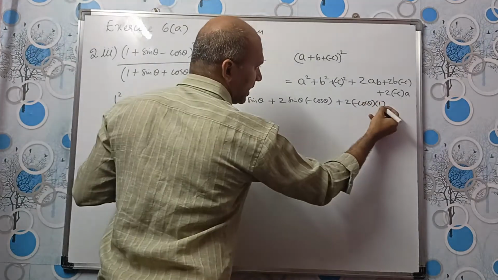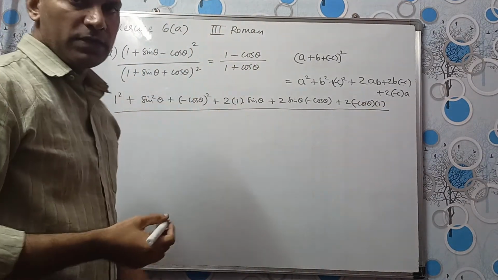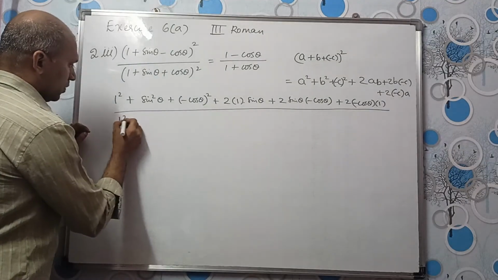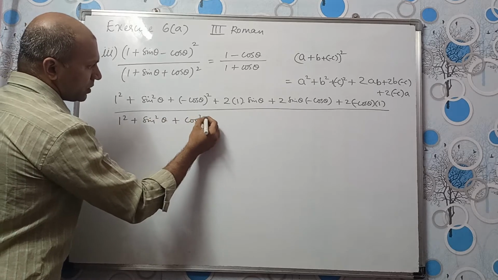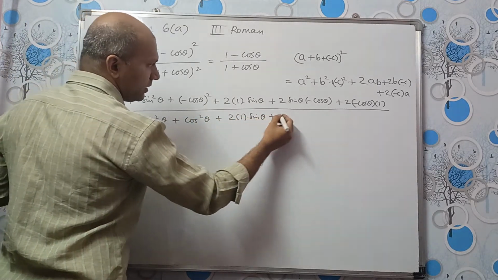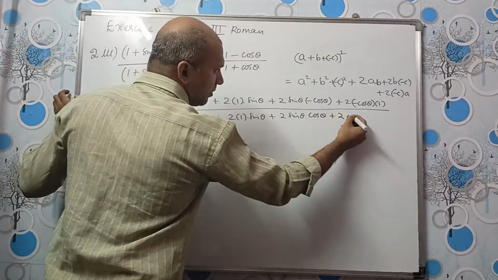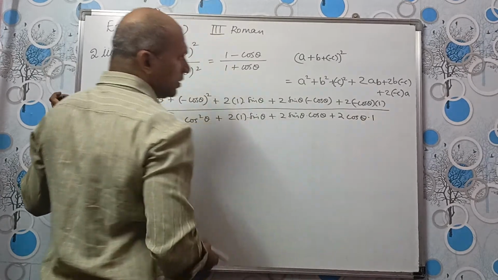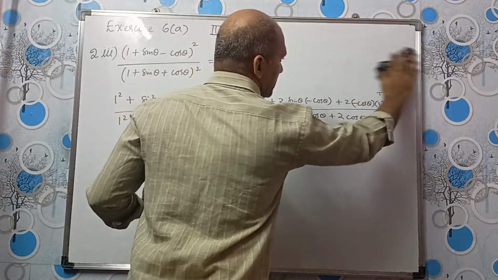For the denominator, it is easier, everything is plus here. So 1 square plus sin square plus cos square theta plus 2 into 1 into sin theta plus 2 into sin theta multiplied by cos plus 2 into cos theta into 1. Okay. I hope you understood this identity.